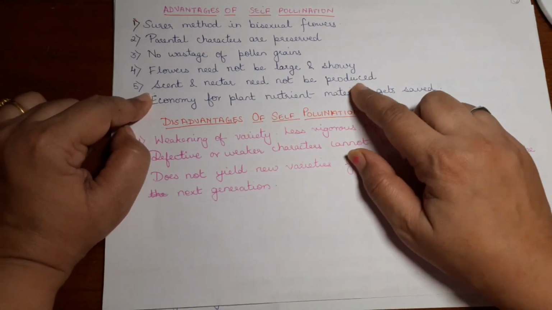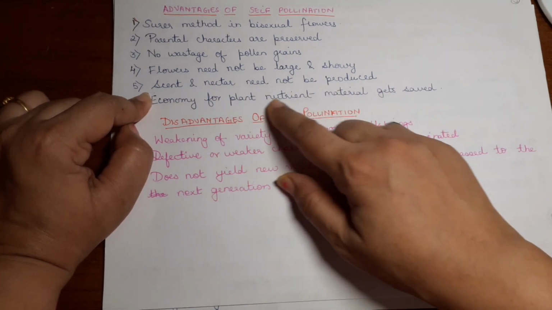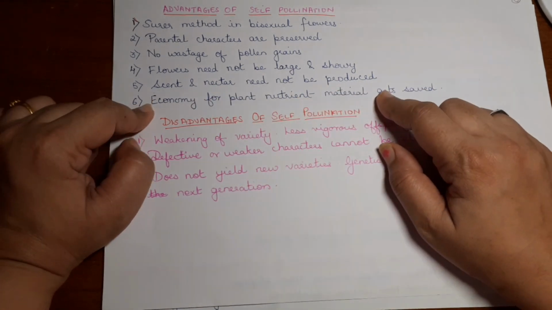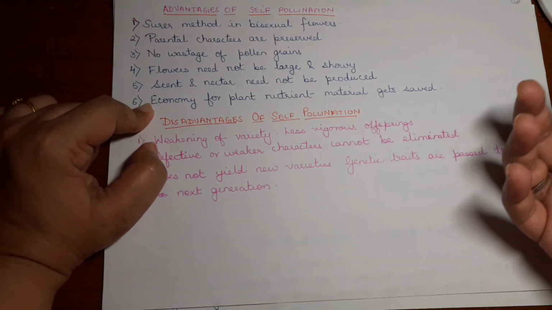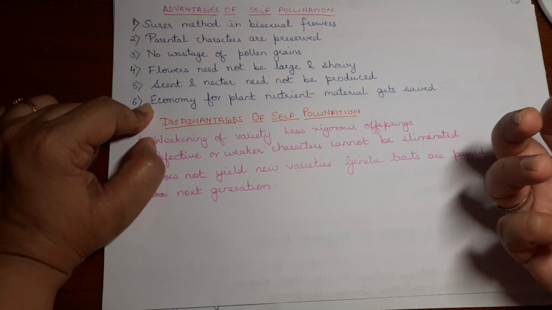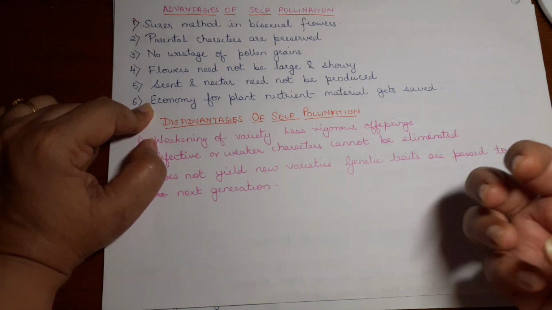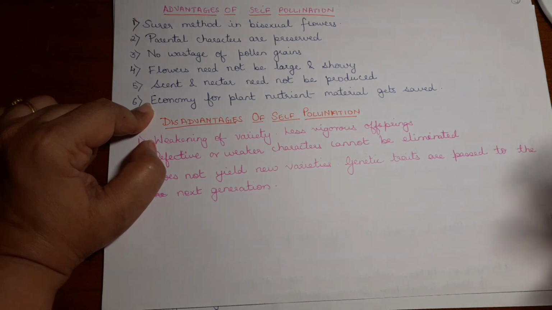Scent and nectar need not be produced because they are not being pollinated by insects. When they do not produce scent and nectar, they need not be large and colorful. What happens? The nutrient material in the plant gets saved. There is no need of producing the scent, the nectar, the color, and so on.